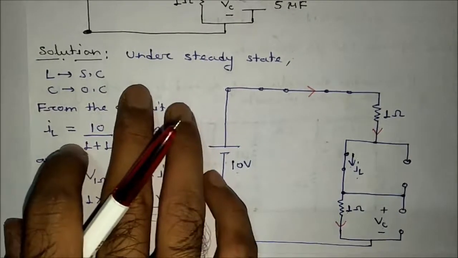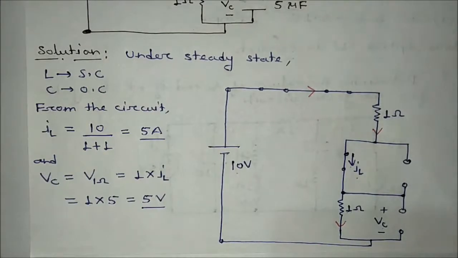So this is all about first order RL circuit. We have discussed all the concepts related to RL circuit and problems based on the RL circuit. The conclusion is that whether it is RC circuit or RL circuit, the steps will remain the same. Especially you have to focus on the time constant calculation, that is always calculated for t greater than 0, or always calculated after the switching action.